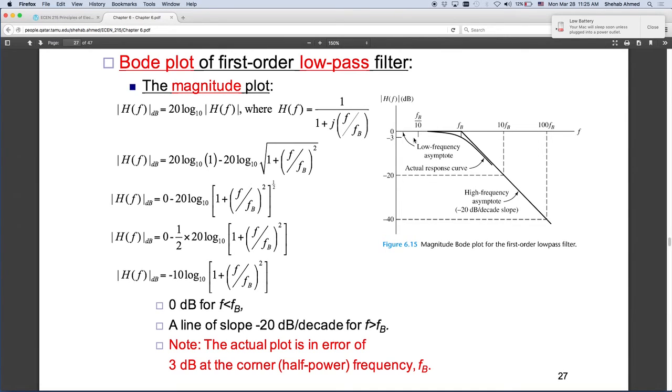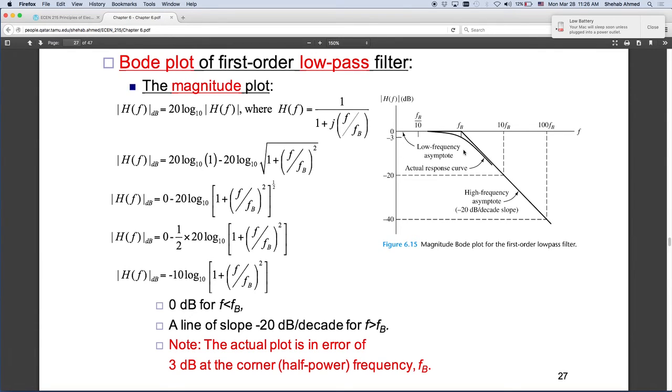So this minus 3 dB point is this point here. This corresponds to what in the linear scale? Remember we did the linear scale and then we converted to dB for the low pass filter. So this is the dB scale, the magnitude is in dB here, and this is minus 3 dB.